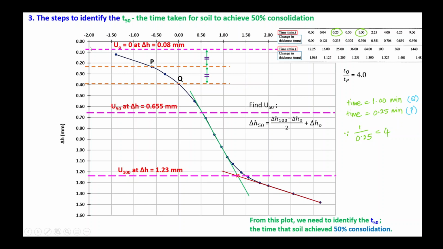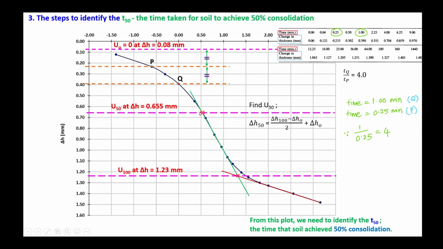Identify where 0.655 is, and then draw a horizontal line at delta H 0.655. That is for the U 50%, the degree of consolidation for 50%. We want to know the T50, the time taken to achieve U 50%. Now we know that this is the line for U50.